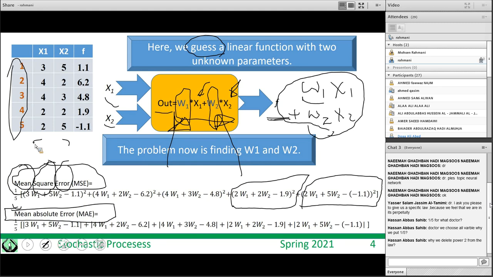And when I say the desired output, it means minus 1.1. But you ask why we did it power 2.